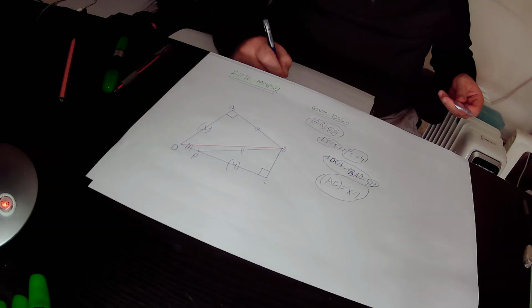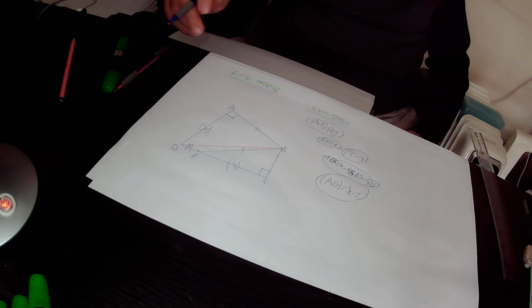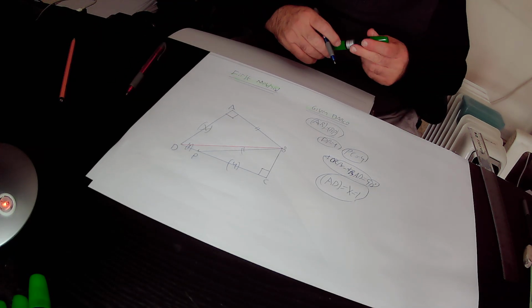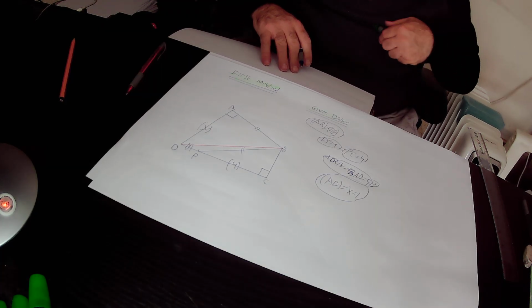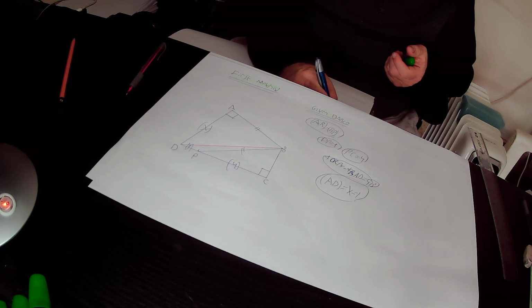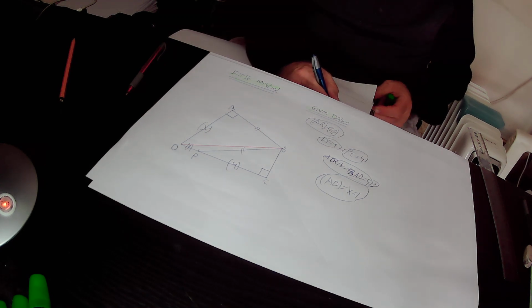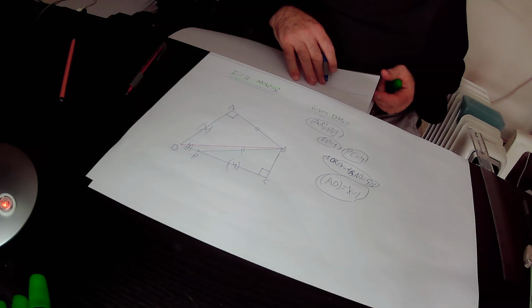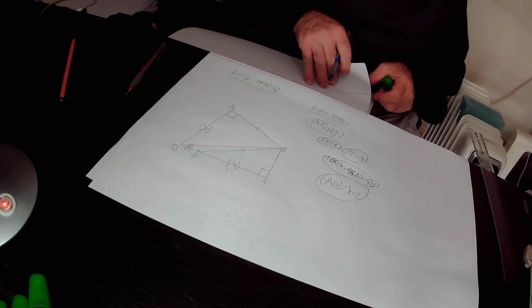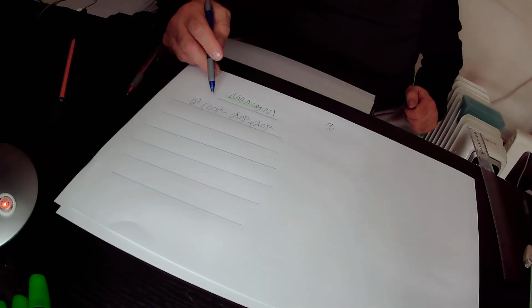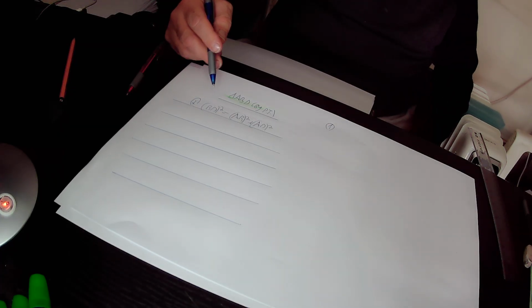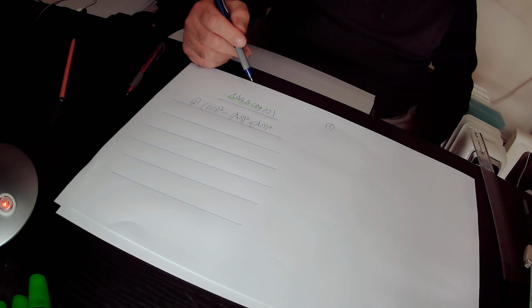And again, in this upper right triangle BAD, according to the Pythagoras theorem, BD square, that is the square of the hypotenuse, equals AB square plus AD square.